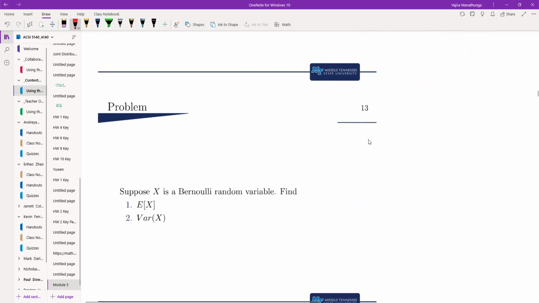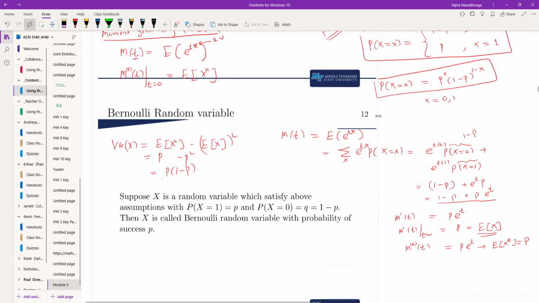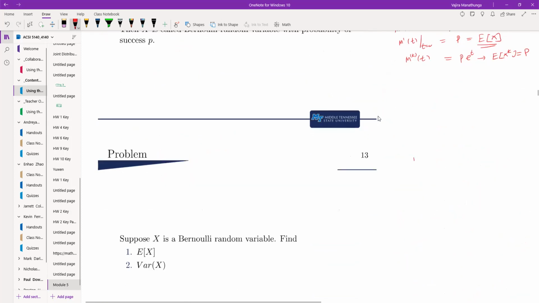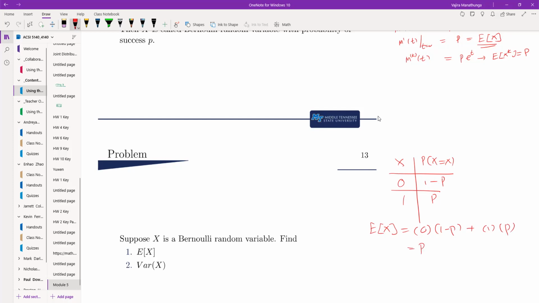So here the question asks to calculate the expected value and variance. If you don't like the moment generating function, you can go through the second approach. You know the random variable X, Bernoulli, can be 0 or 1. The probabilities are 1 minus p and p. Then E[X] without using the moment generating function is 0 times 1 minus p plus 1 times p, so it ends up as p.